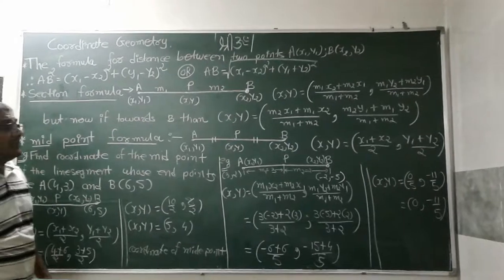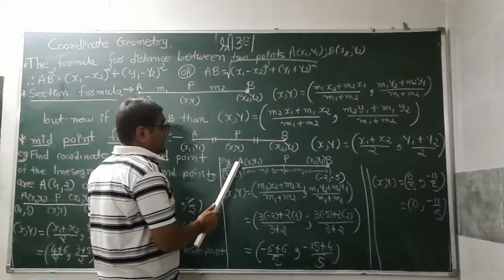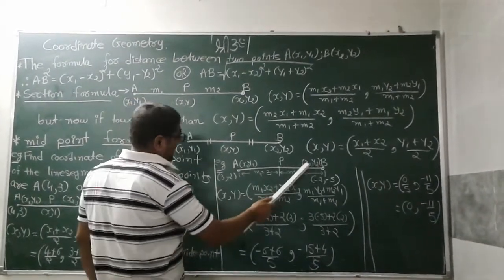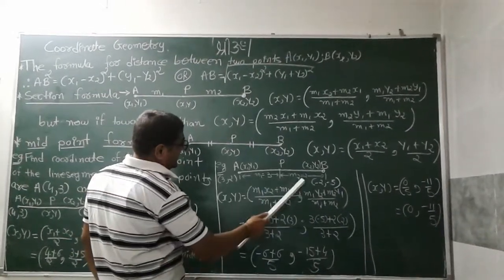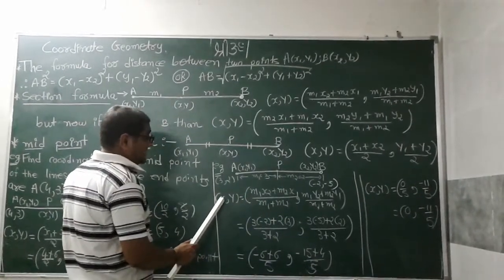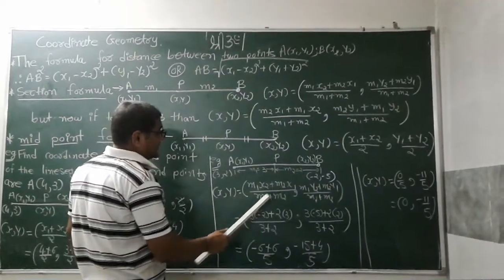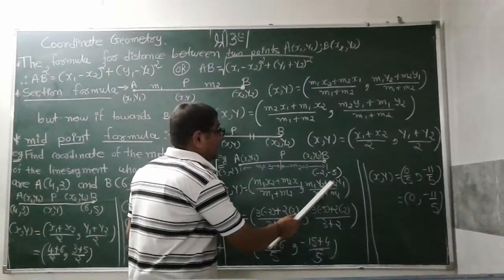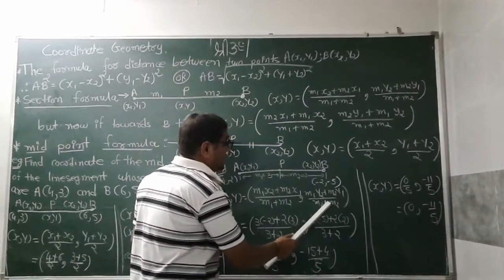Now we take a second example with the help of the section formula. In the section formula, the coordinates of A, (x1, y1), are (3, 2). The coordinates of B, (x2, y2), are (-2, -5), and the ratio m1 upon m2 is 3 is to 2. So according to the section formula, (x, y) is equal to ((m1 x2 plus m2 x1) upon (m1 plus m2), (m1 y2 plus m2 y1) upon (m1 plus m2)).